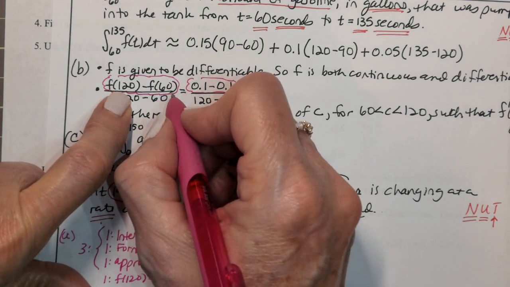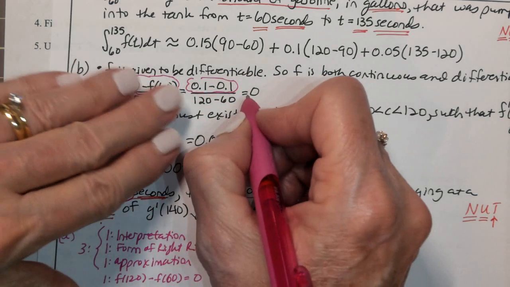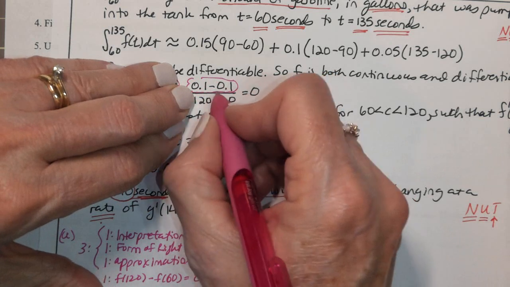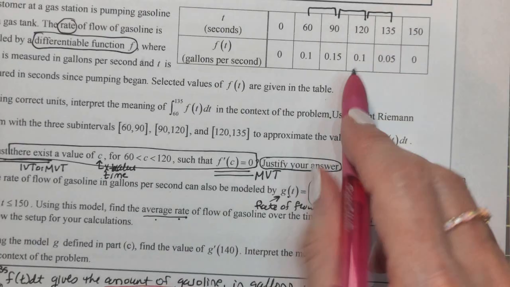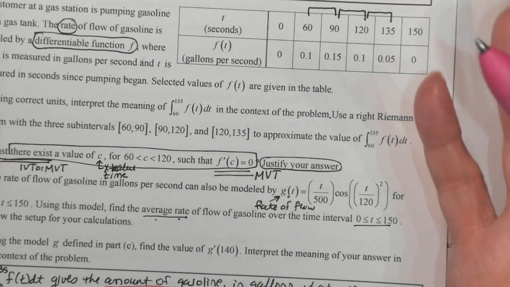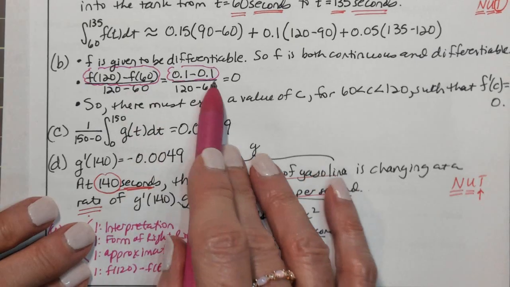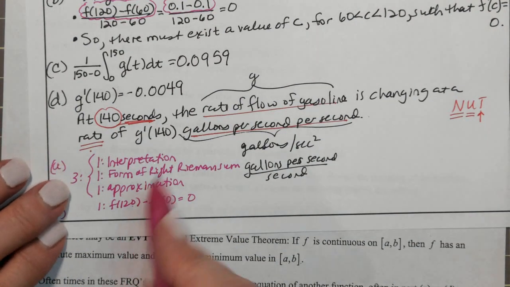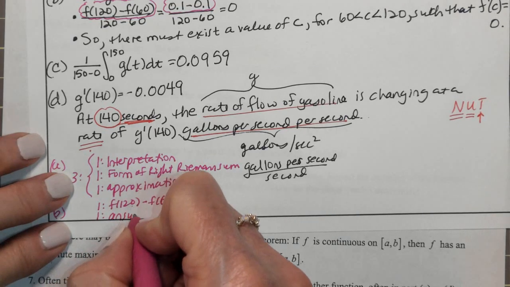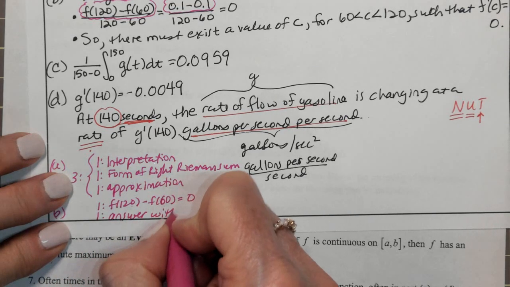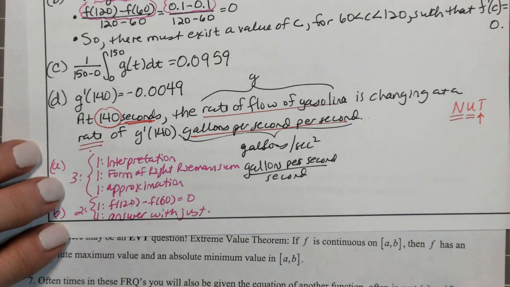Don't just pull values from the table without saying what they mean. Because if you just show this, you guys, we don't know where those came from. There are two of those. Which one was which? Show both. You must show both. To get this point, you need to show both. And then 1 point for your answer with justification. So 2 points for part B.